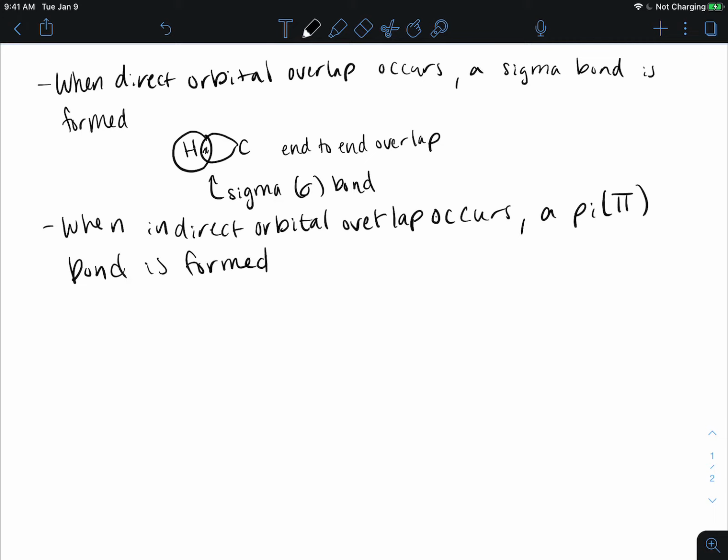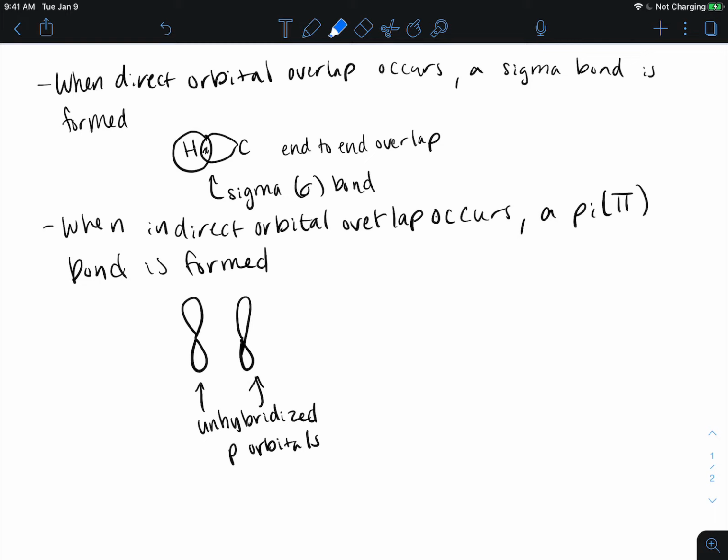Okay, so I mean something like this, where we have two unhybridized p orbitals, and they are parallel to each other. This will form a pi bond.